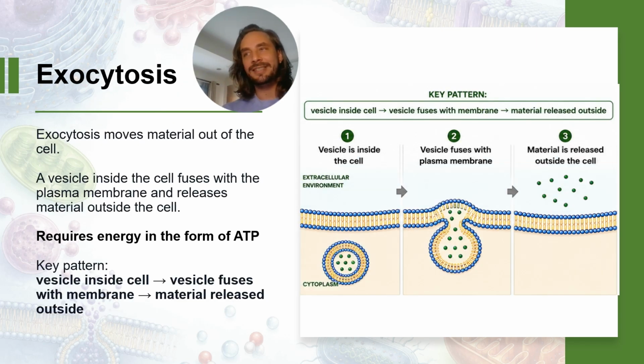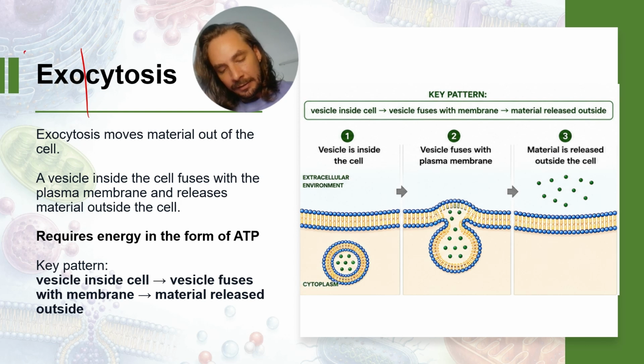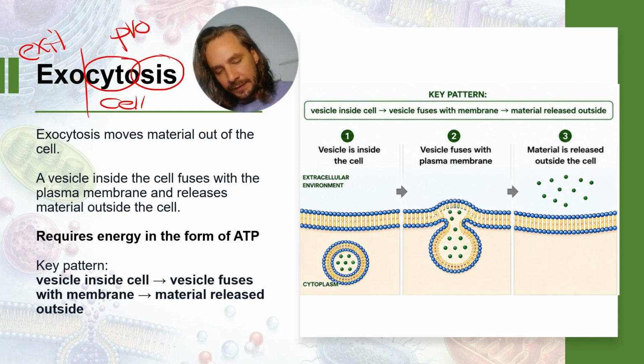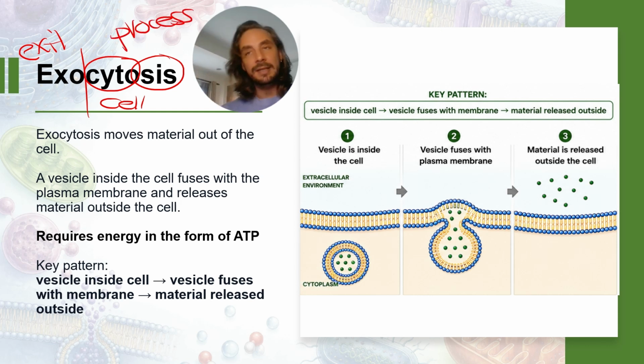Exocytosis is just the opposite. So exo means exit, cyto means cell, and osis is a process. So it's a process to exit the cell. Now, when we have a vesicle, this vesicle wants these substances to go outside of the cell.